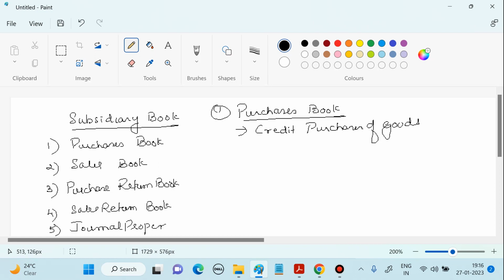But it is not just credit purchase, but credit purchase of goods. Which means if this is credit purchase of some asset, like you have purchased furniture on credit, will it be recorded in purchase book? What do you think?